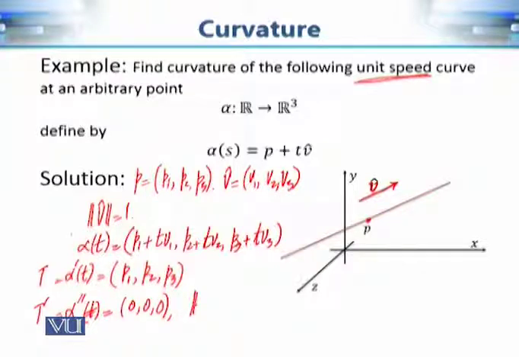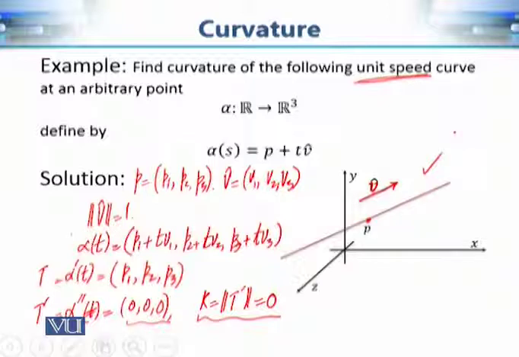And what is going to be the curvature, which is basically the magnitude of this t prime? This is definitely going to be equal to 0. From our definition, the curvature of this curve in R3 is 0, which once again fits with our intuitive way of imagining this straight line.